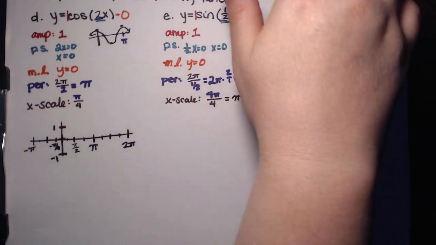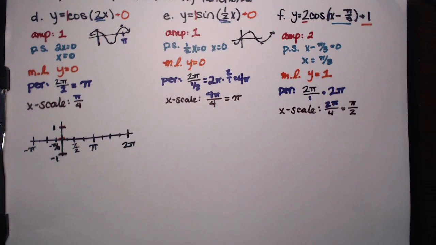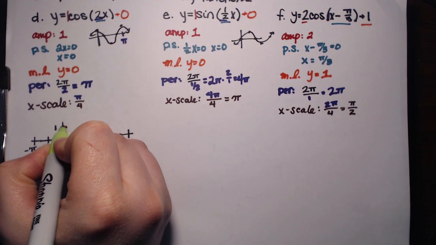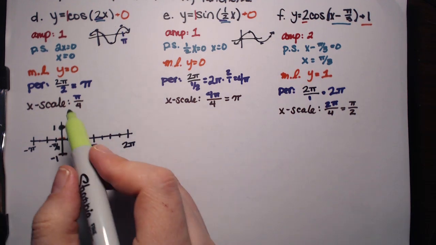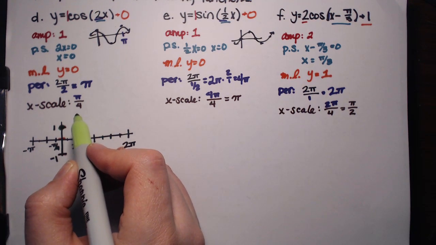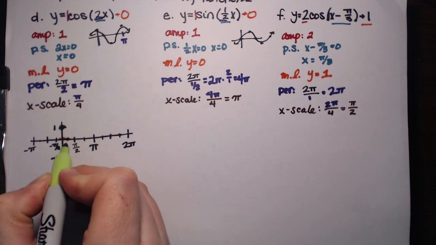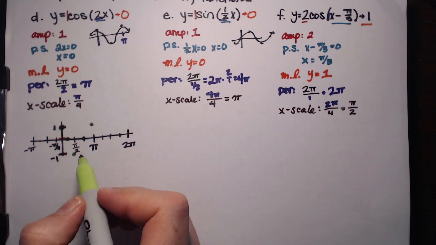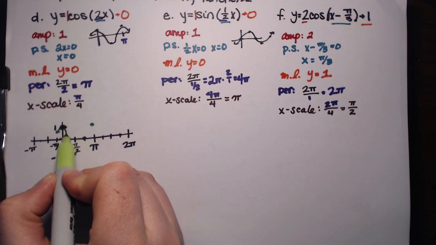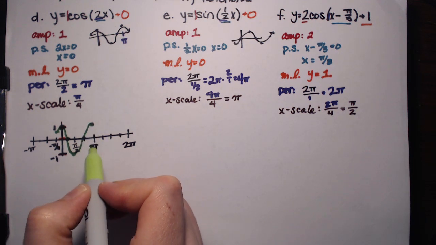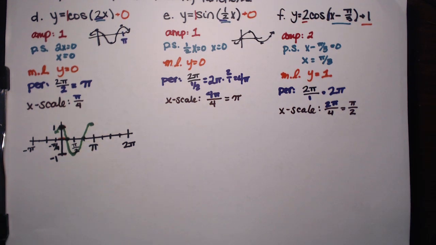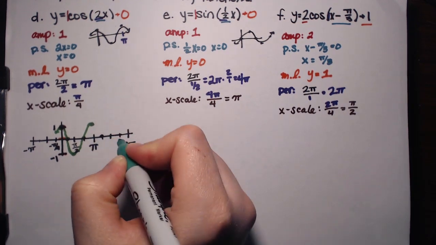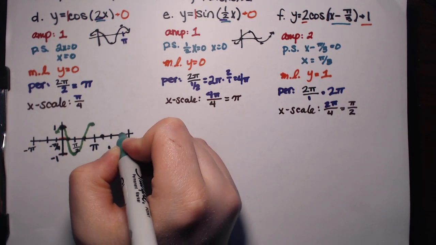So we're going to start at the top because it's cosine. And then we're going to step every pi fourths. So remember, that's this mark right here. And then I'm going to keep stepping. And I complete 1 cycle in pi, because that's the period. So if I keep going with this, I'm still stepping every pi fourths.